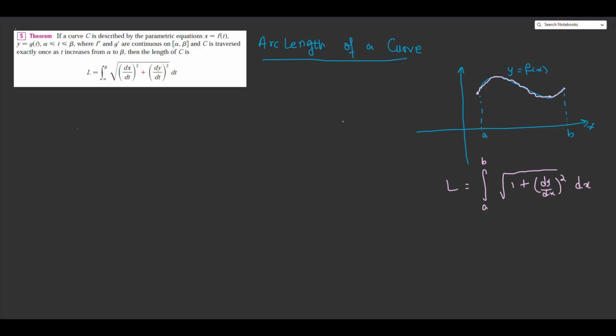But remember, here we are dealing with parametric equations: x equals f of t and y equals g of t, and then we can modify this formula in the following way. For example, this formula can also be written in this form: dx whole square plus dy whole square, from a to b.